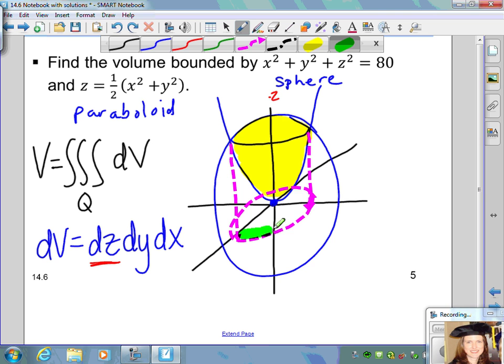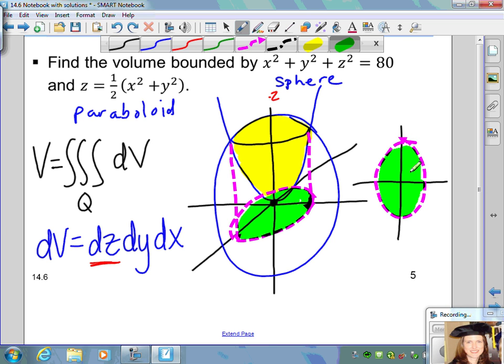And you can shade that projection onto the xy plane, and then we draw that projection in 2 dimensions. That 2-dimensional graph ends up being a circle, and we want to find the bounds for dy and dx based on that circle.